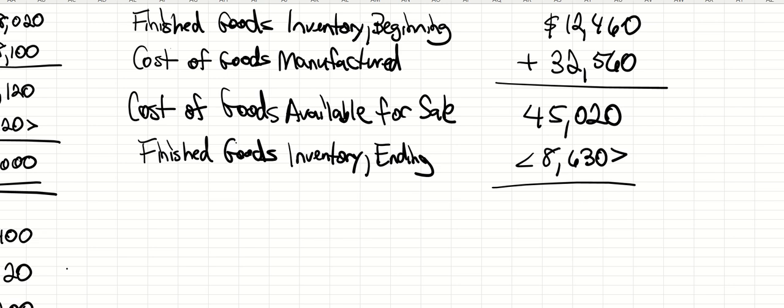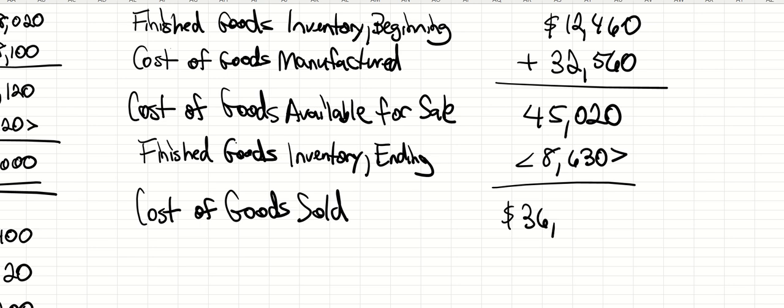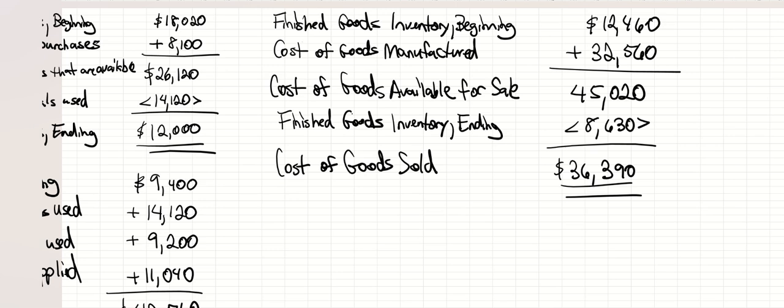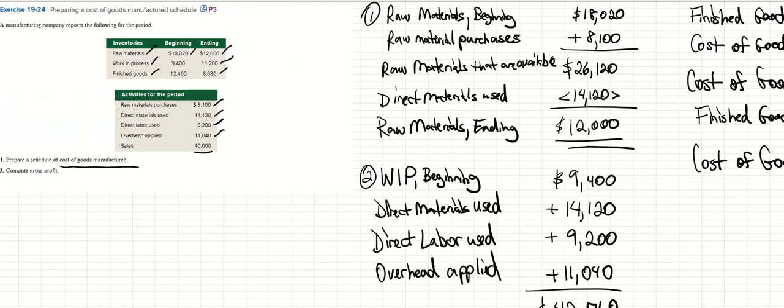First I'm going to put cost of goods sold, so we understand this is the cost of goods sold amount, and it comes out to be $36,390.